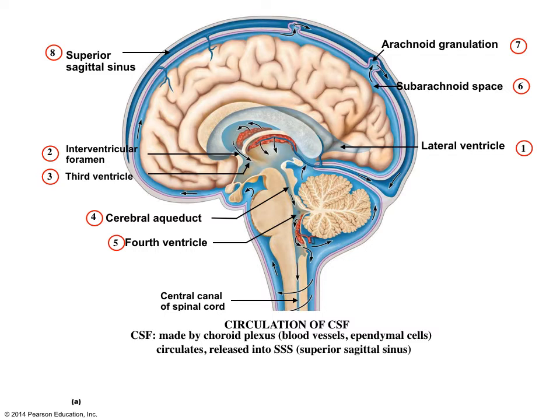From the fourth ventricle, CSF can enter into the spinal cord, but if it goes back into the subarachnoid space of the brain, eventually it's released into the superior sagittal sinus through those arachnoid granulations. Number 7. Remember, those have little one-way valves.